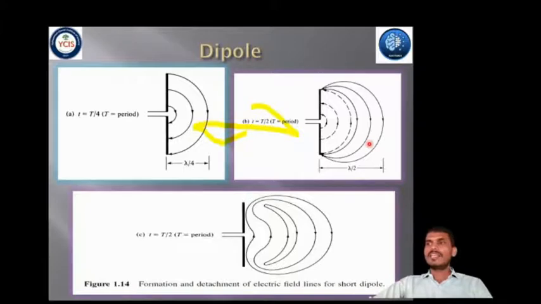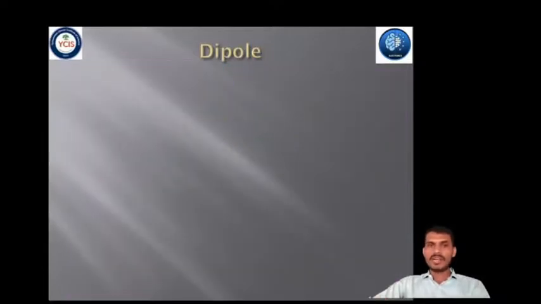In the remaining second half of the period, the same procedure is followed, but in the opposite direction. After that, the process is repeated continuously, and identical electric field patterns similar to those of figure 1.12 are formed.